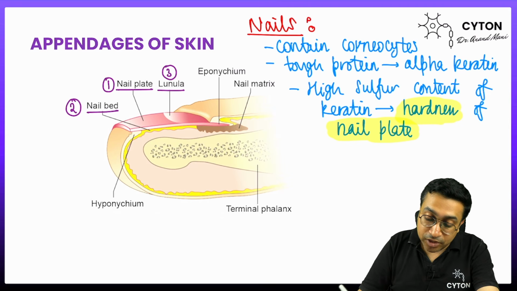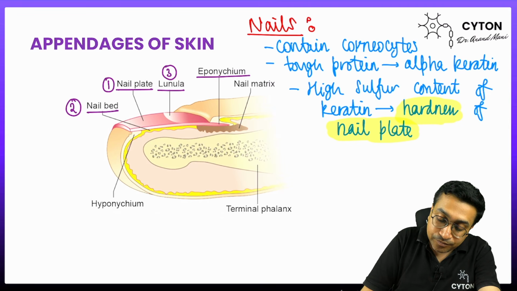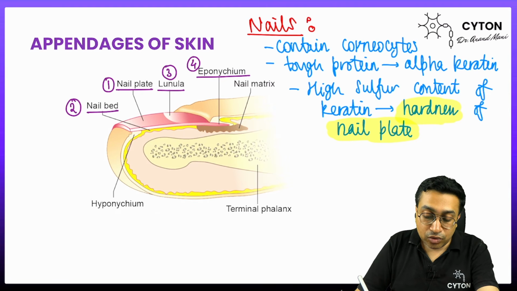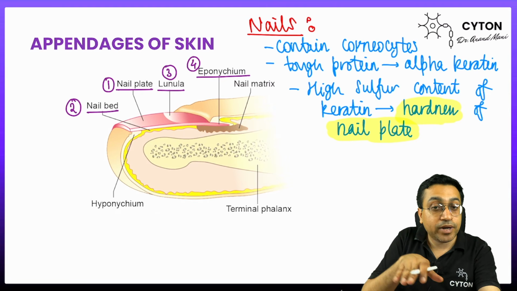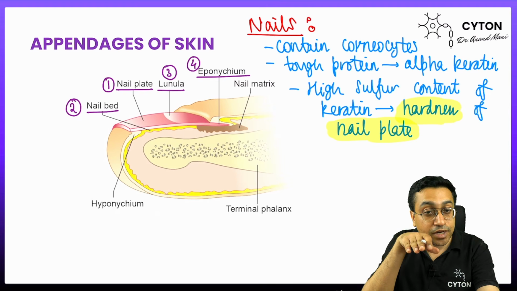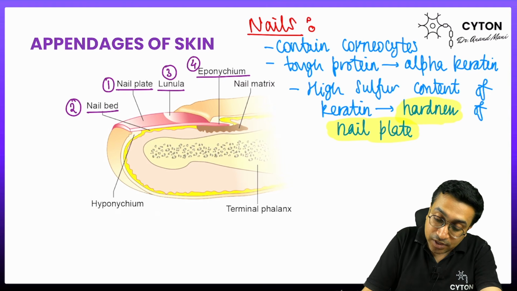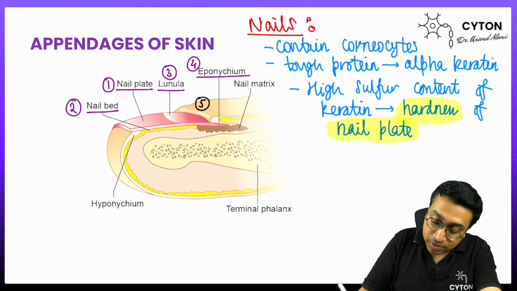Then you have something known as eponychium. What is eponychium? It is extension of the base of the nail plate or the stratum corneum deep to the proximal nail fold. So here you can see, I can label it better, number 5, let us label this.